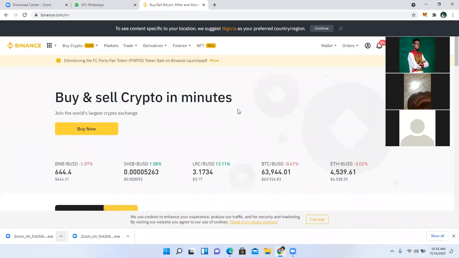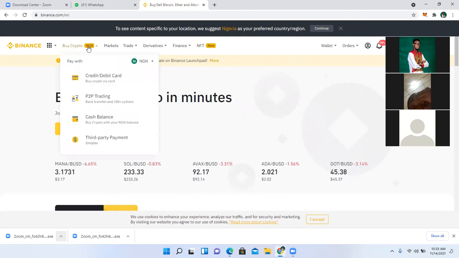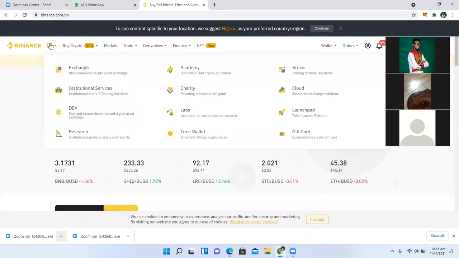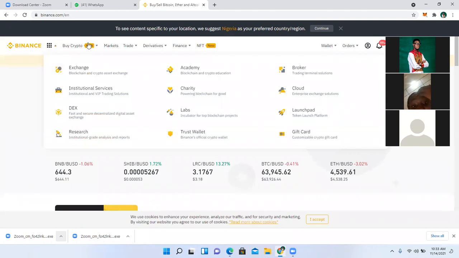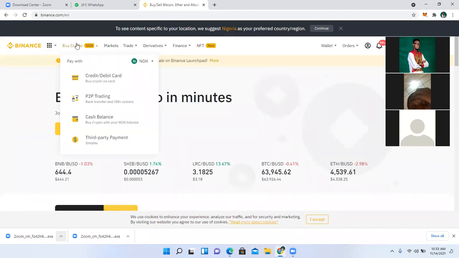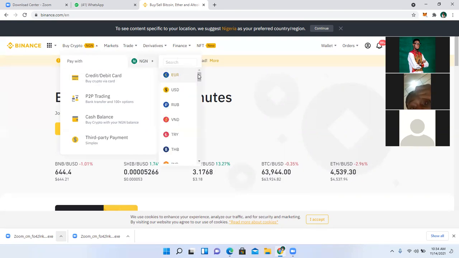Okay. So now the first thing we'll look at is this Buy Crypto. Before, you could buy crypto with your credit or debit card, right? You could pay with naira, buy with your credit or debit card, or any other currency you have.